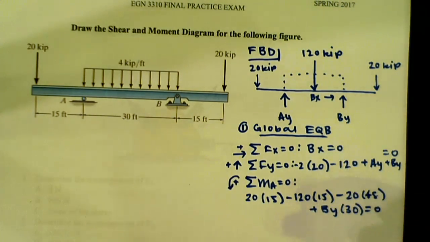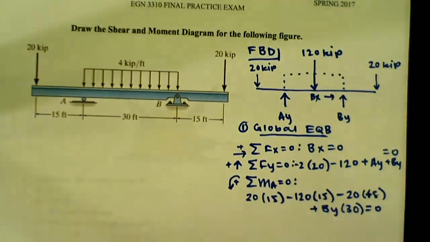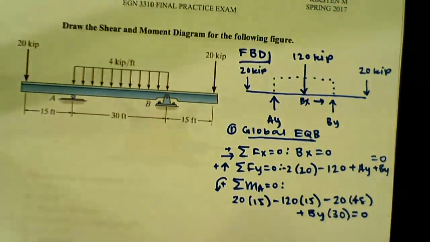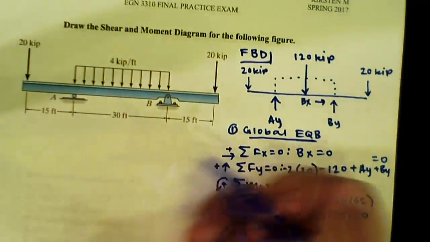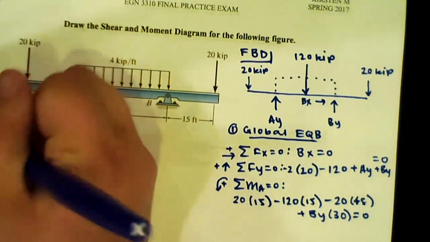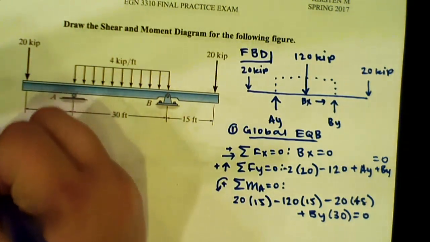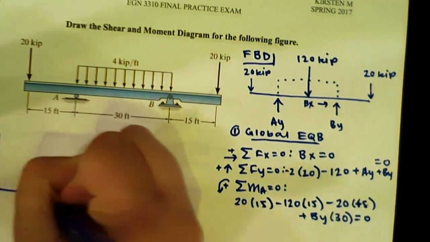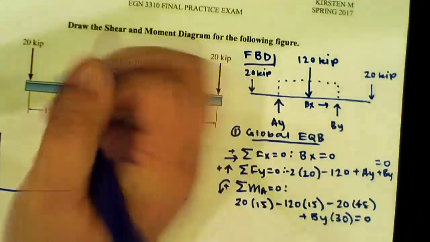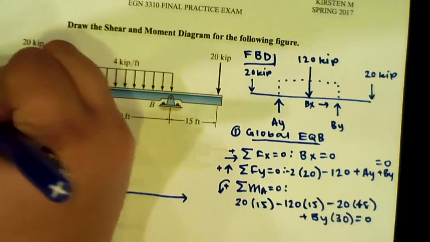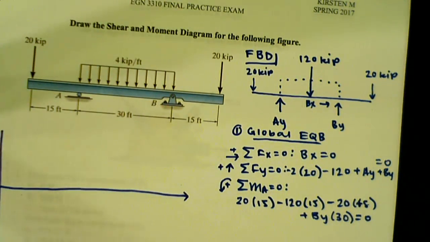So we found our global equilibrium. So now we can start our shear and moment diagram. For our shear, for problems like these, it is very simple to just look at it and be able to see the diagram.